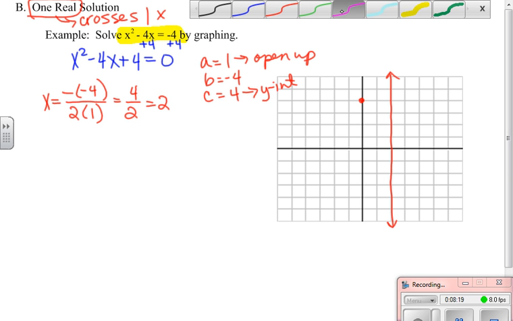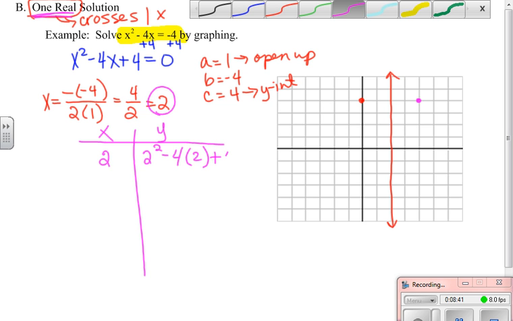Well, I also know I'm going to have a point over here. Let's go ahead and put our vertex point in because I'm giving you a clue that there's one real solution. But I think it's always good to start with the vertex. 2 squared minus 4 times 2 plus 4.